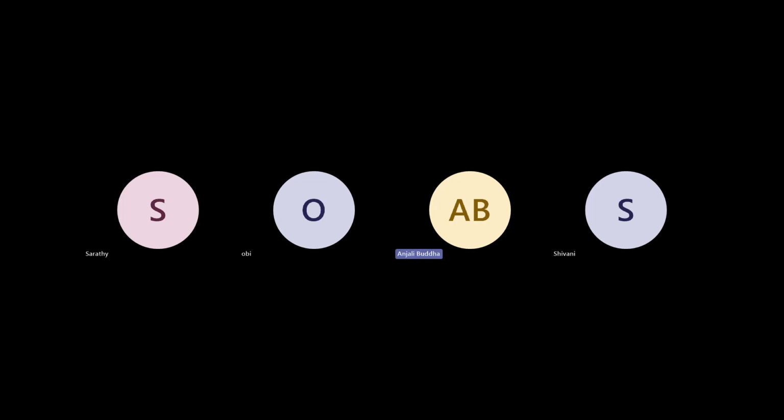Inside, it will have two things. First, suppose you are giving first name, then a colon, and then any value; suppose you have given Sarthi. This is the first value, then a comma.